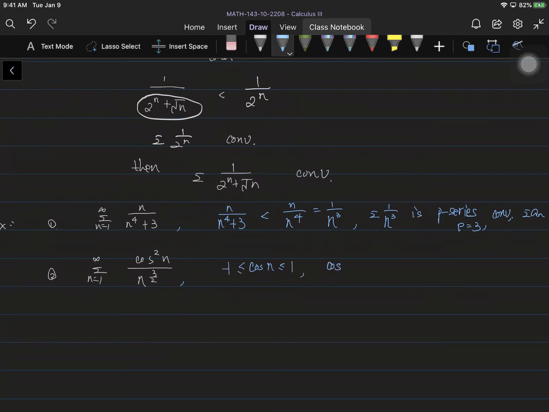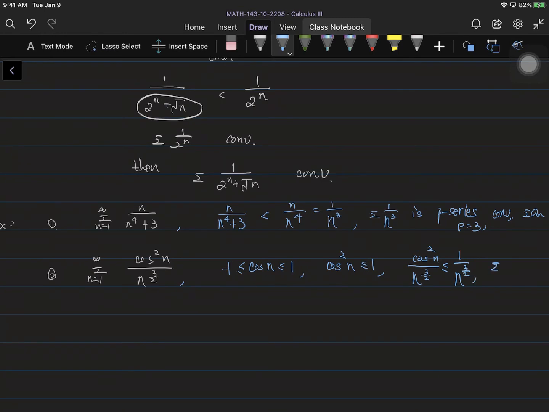And for our case, this is squared, so it's even easier. Cosine square n is always less than 1, right? It's positive actually, greater than 0, less than 1. So our series is less than or equal to 1 over n to the 3/2.